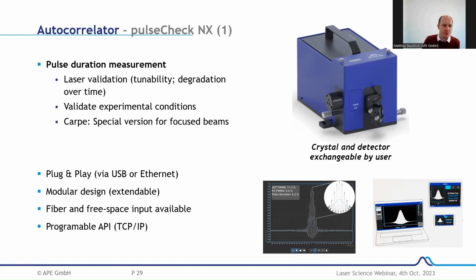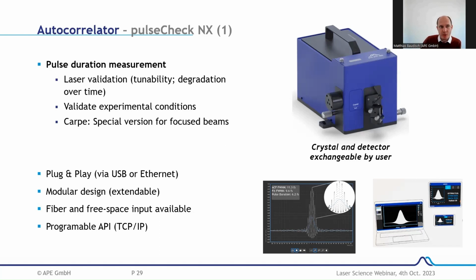You can use fiber input or free space input. You can use programmable APIs. You can remote control. There are a lot of nice features, but in principle, the basic idea is that measuring the pulse duration of an ultrafast source can be very useful or even important to validate the experimental conditions that you're using for your experiments.